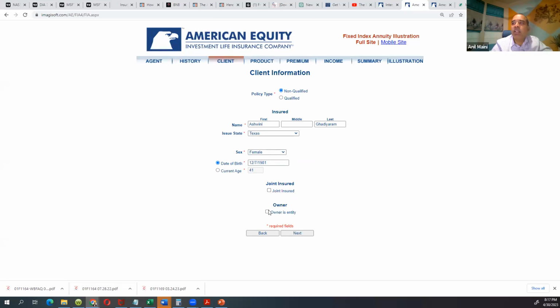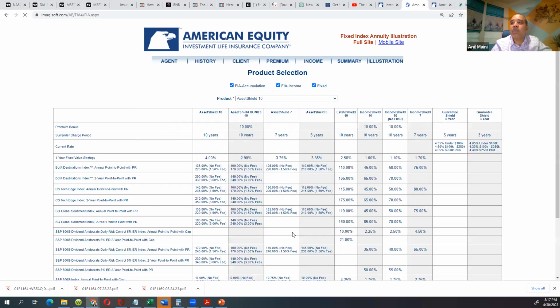Okay, these things are not relevant in the accumulation annuity. We discussed the joint income and the single income, so that part will come in the income annuities. So here are the products available.